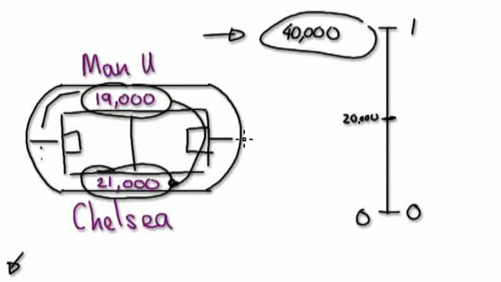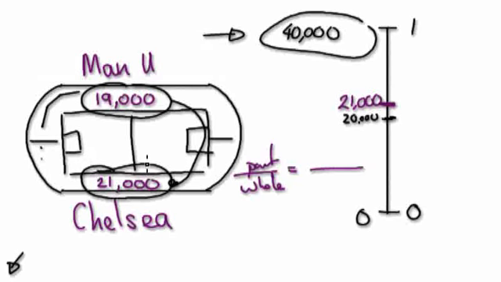Chelsea supporters, because the question is saying what percentage of Chelsea supporters, I'm going to guess 21 to be somewhere around here. So 21,000 here. So remember, it's always part divided by the whole thing. Now the whole is all the people in the stadium, so that would be 40,000.